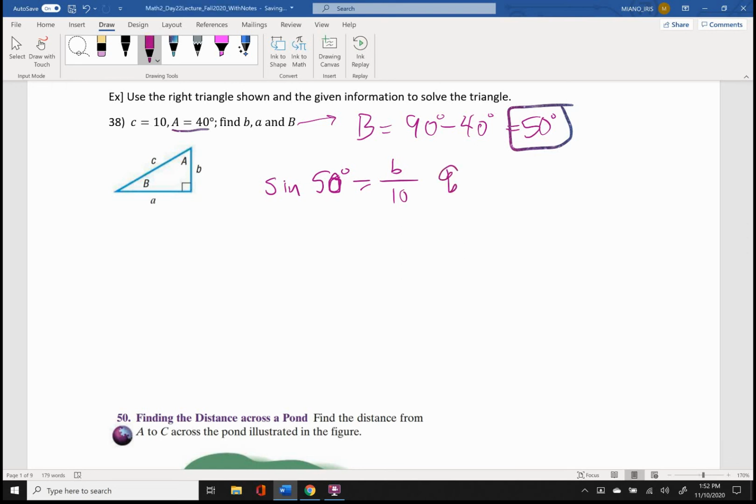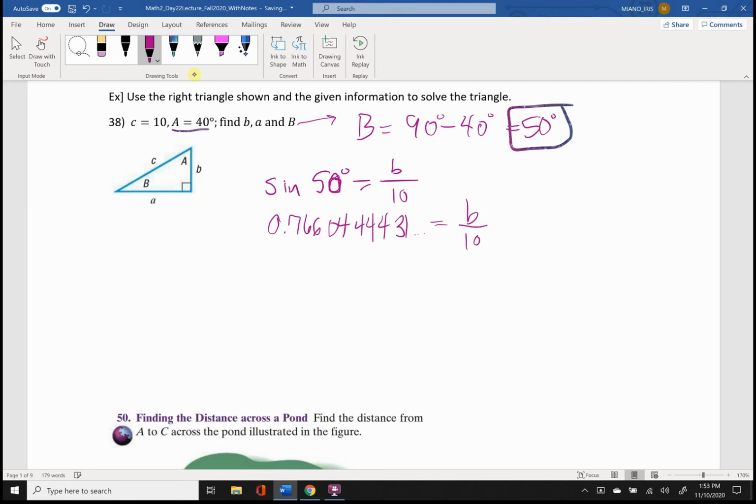Hold the phone. The sine of 50 is about 0.7660444, another 4 and a 3 1, and then it keeps going, but that's all of the values that my calculator will give me, and that's equal to b over 10.